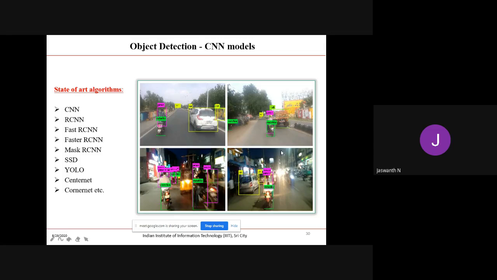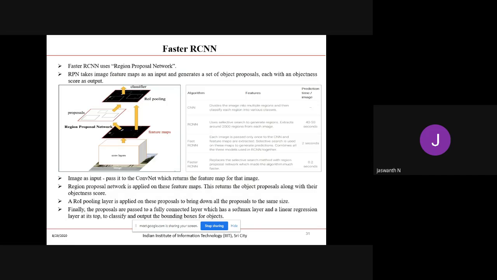This is an example of how we got objects detected in unconstrained traffic scenarios considering different and varied lighting conditions. One of the popular well-known object detection models is Fast RCNN. Basically, Fast RCNN is almost the same as your previous version.